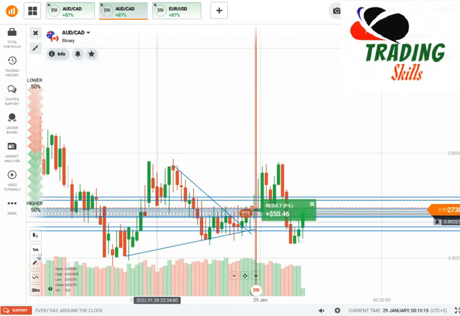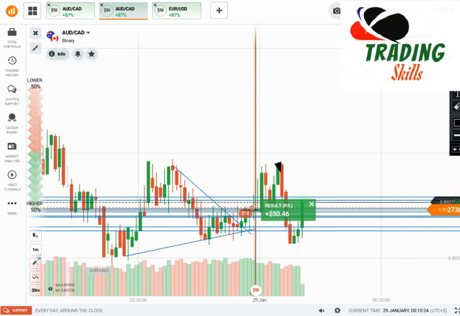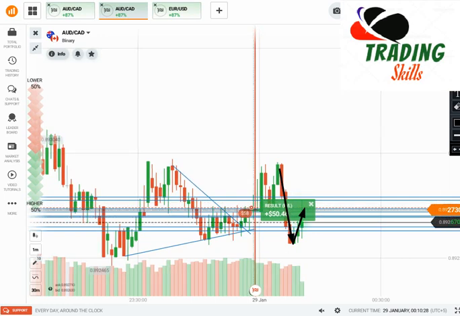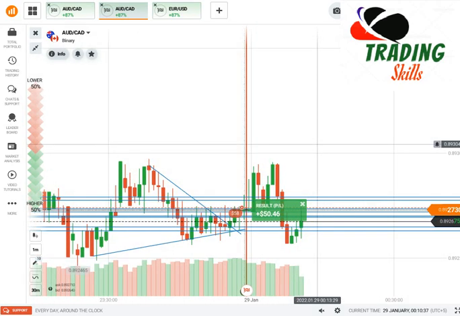Okay, you can see here market is right now making lower lows, so you need to find an opportunity here to go with the sellers by seeing here the levels. So let me show you here a clear situation.